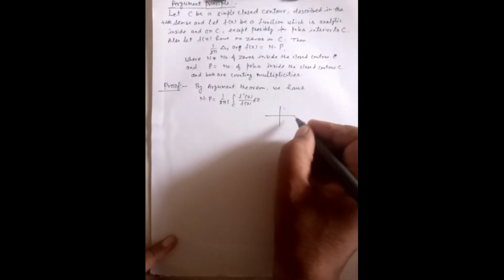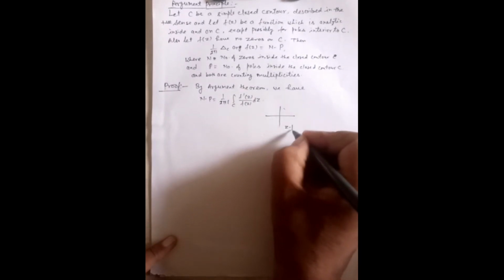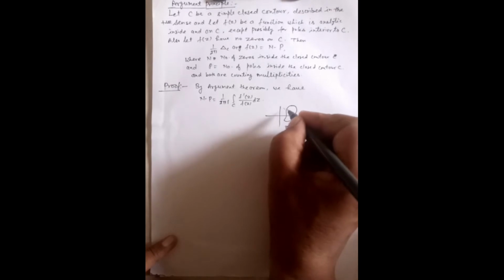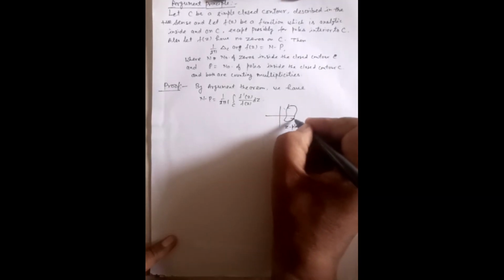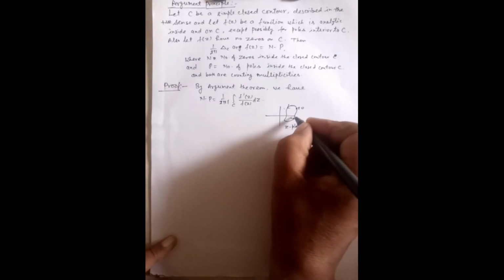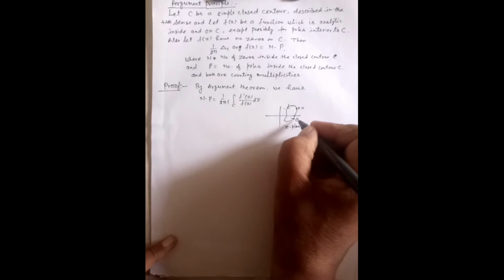Now the figure in the z plane is like this. Suppose this is the z plane, z naught is this point, this is the contour C, and the figure in the w plane is like this.